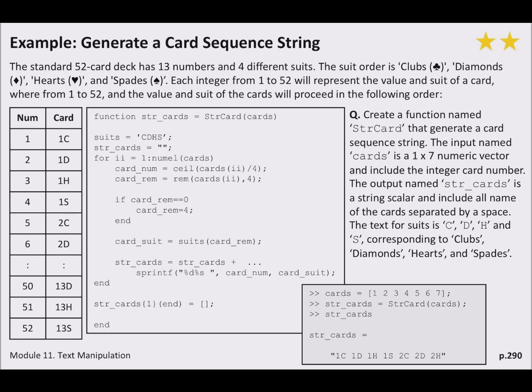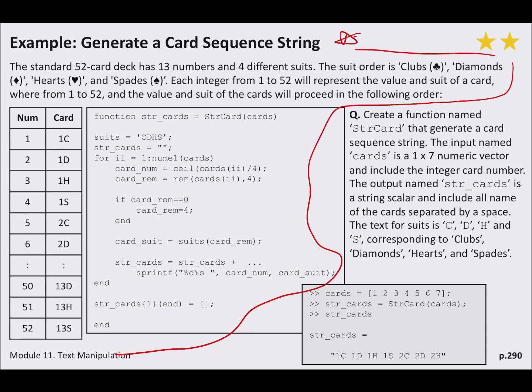Okay, here's the example. I think you're already familiar with all this text. I just copied and pasted it from our poker game problem. When you solve the poker game problem, you will see the error message that says the card sequence.